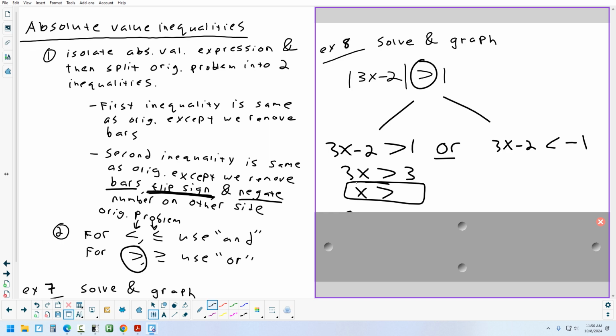So x is greater than 1, or add 2 to both sides, and we get 3x is less than 1, which would mean x is less than 1/3. Perfect. And that word "or" is important. I could do a drop down where you have to pick on the test, "and" or "or." I might just have an empty box where you type in the word "and" or "or."